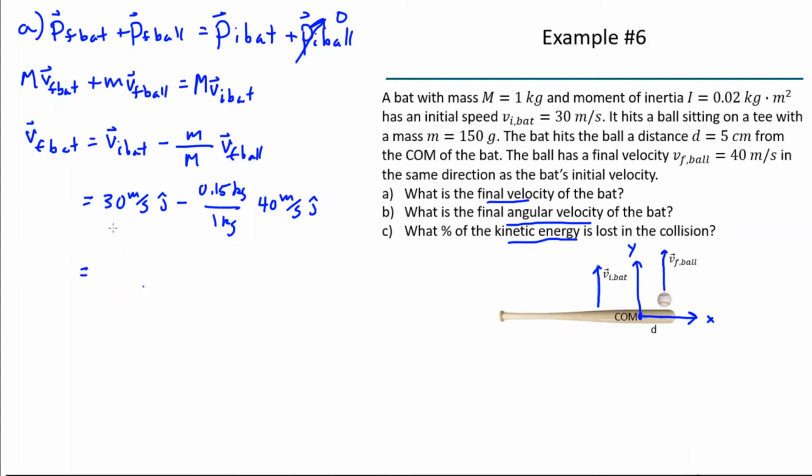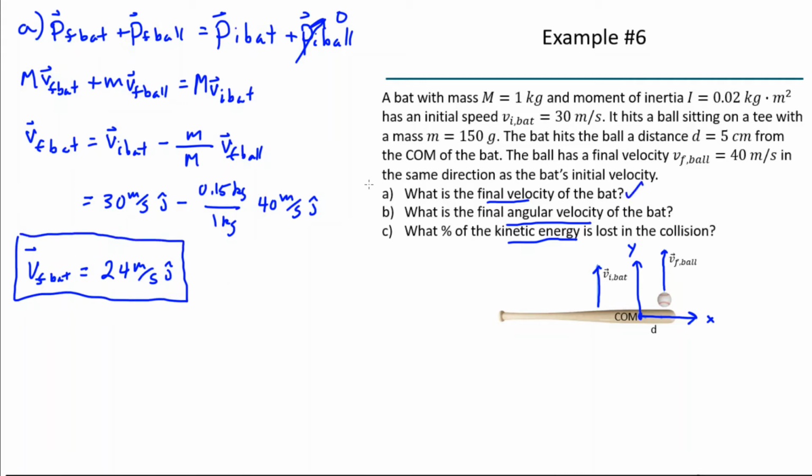Plugging this all into the calculator, it is 24 meters per second j hat. The bat slows down a little bit in this collision. It slows down from 30 meters per second to 24 meters per second when it hits the ball. Okay, so we got part A.